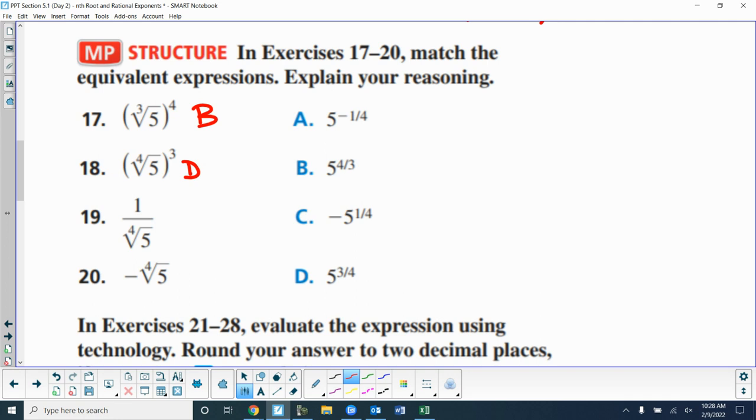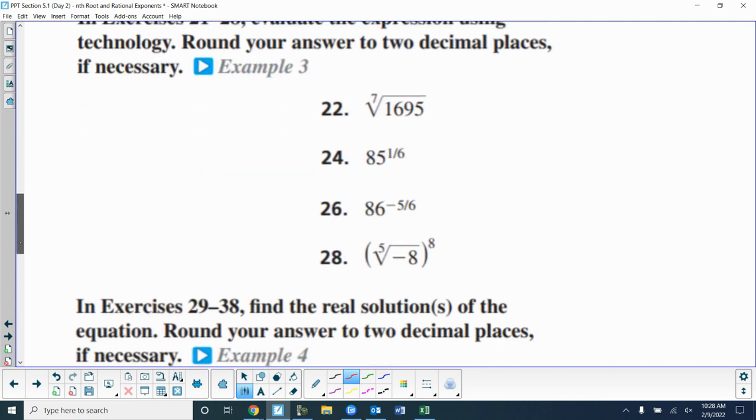So 1 over the 4th root of 5, that's our A. So the one we haven't used is the C, right? Which is, we did this yesterday, okay? So that was just matching.